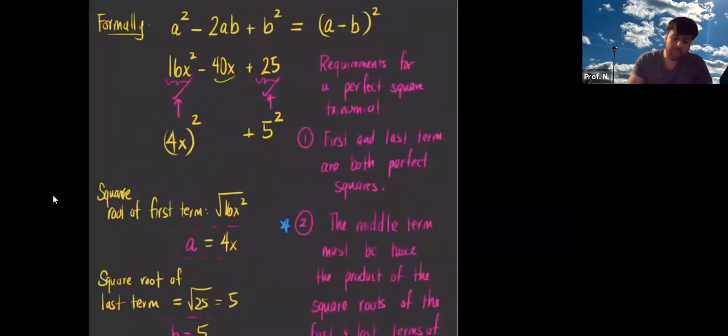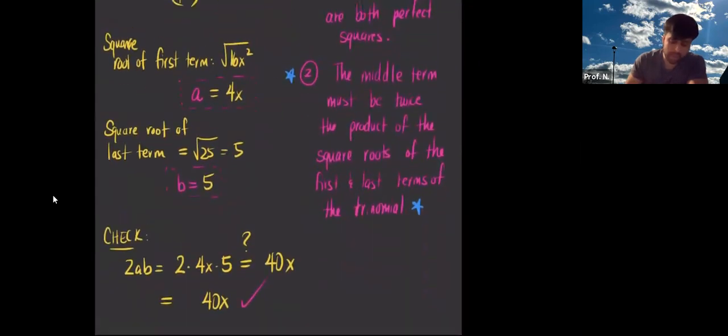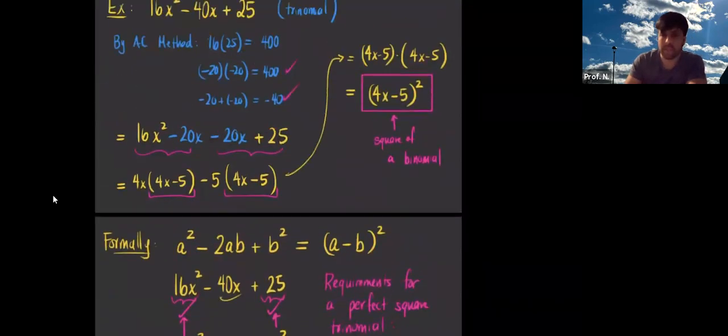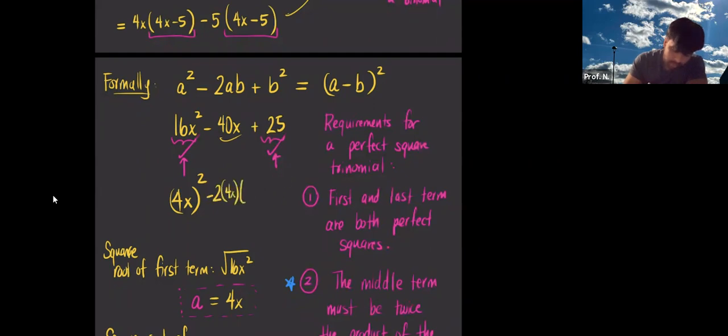So this trinomial, this example that we had originally, is a perfect square trinomial because the first and last terms are perfect squares, and that middle term is twice the product of the square roots of the first and last terms. So look what I have. 4x, 5, plus 5 squared.